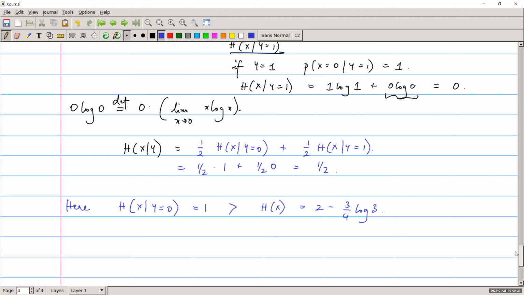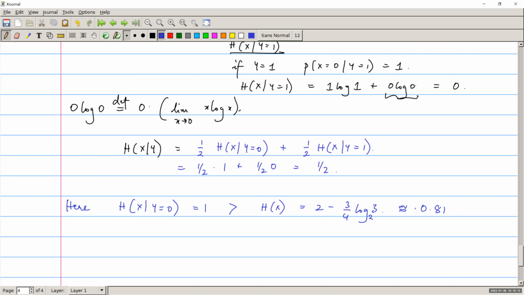Can anyone quickly compute the right side? Remember, this is log base 2. I got 0.81.